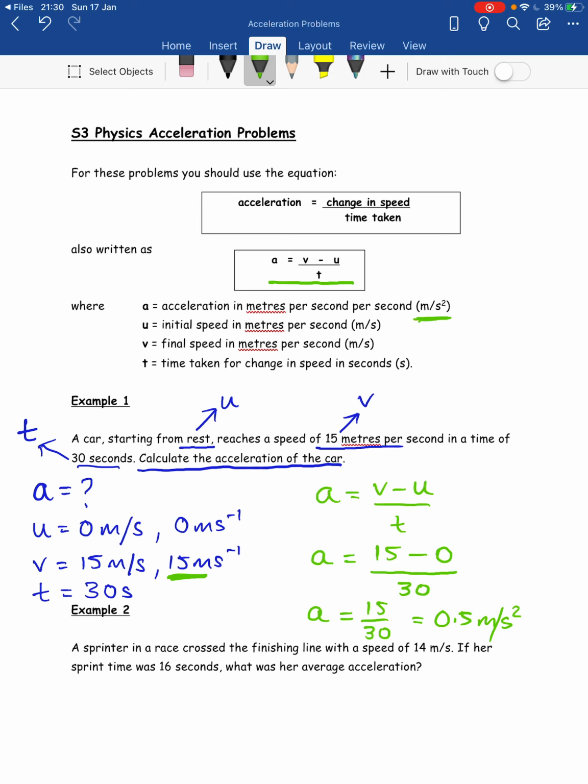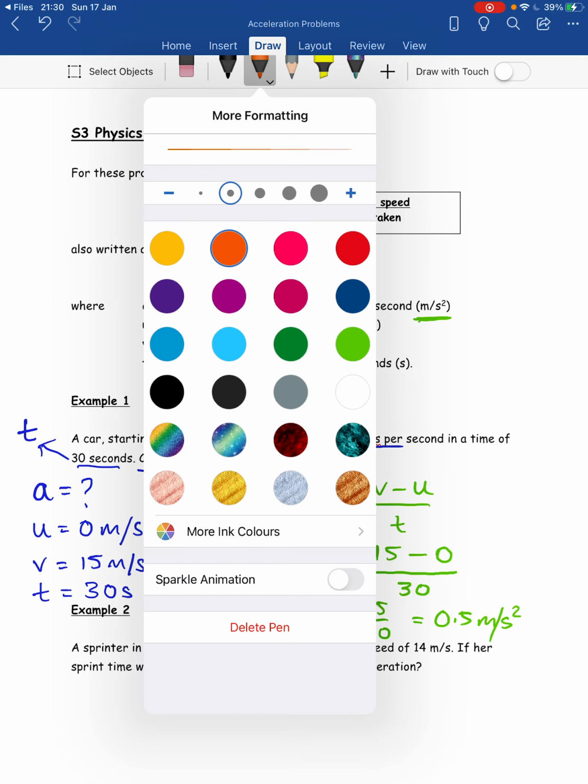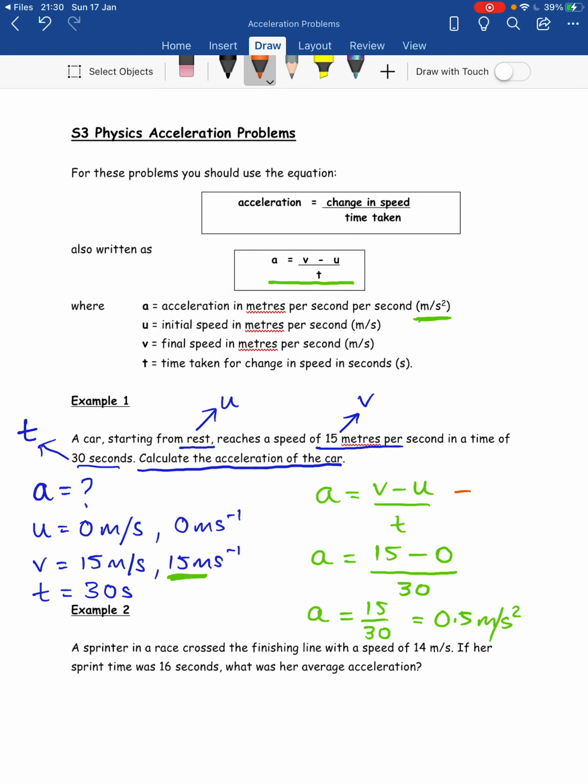And basically what this tells us is that acceleration is how much our speed, which is in meters per second, how much that changes every second.